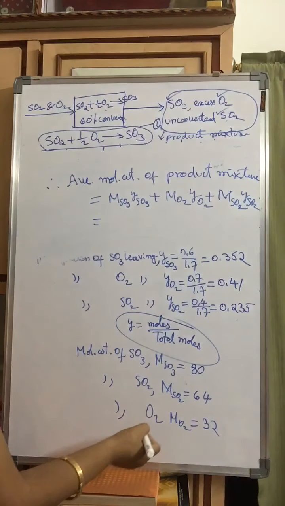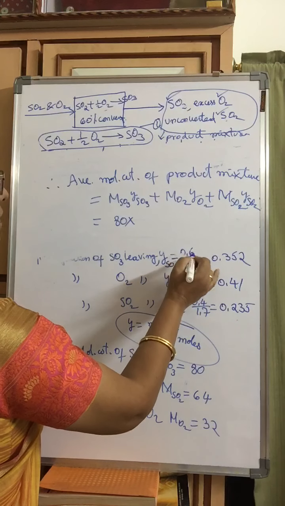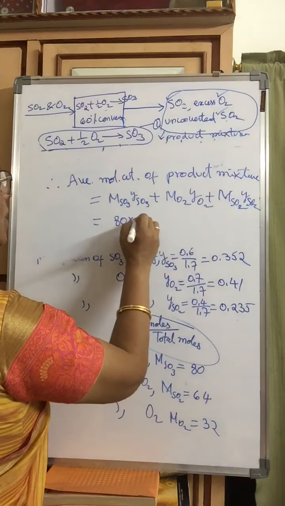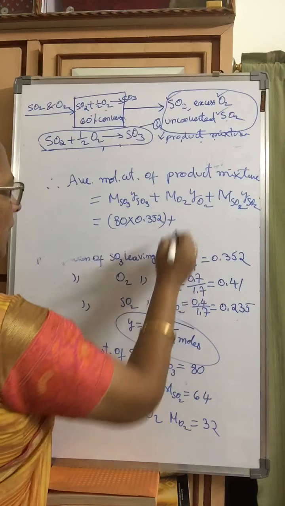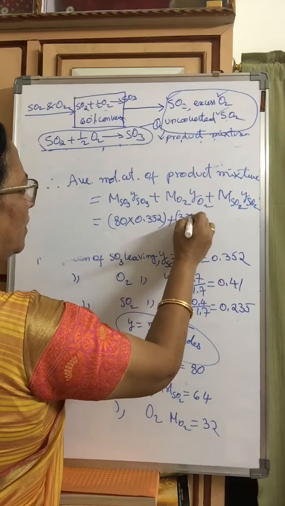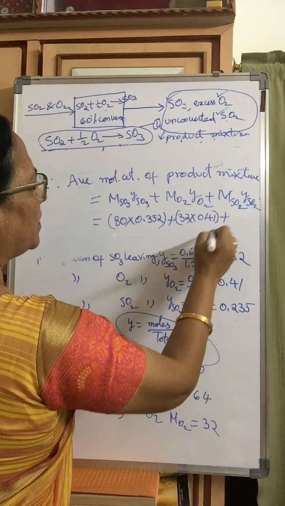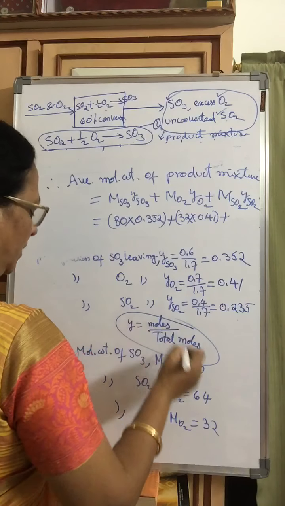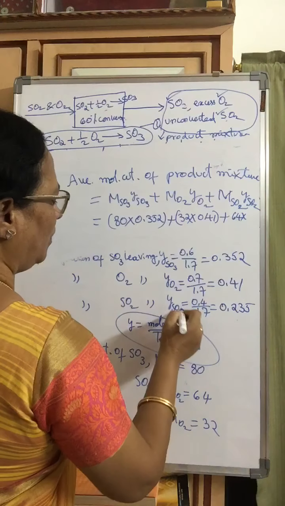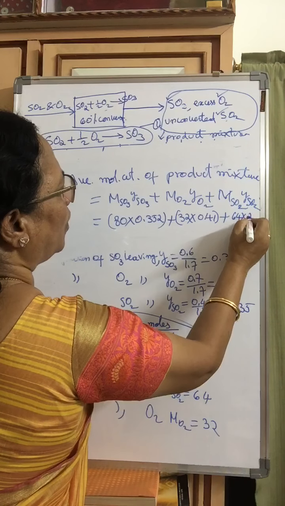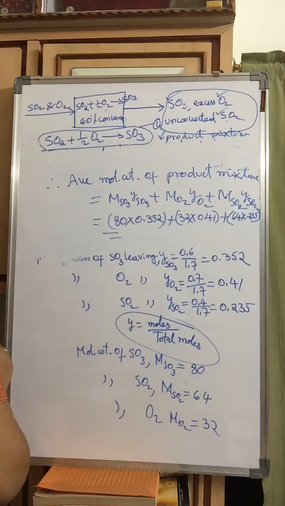So 80 into 0.352 plus 32 into 0.41 plus 64 into 0.235.